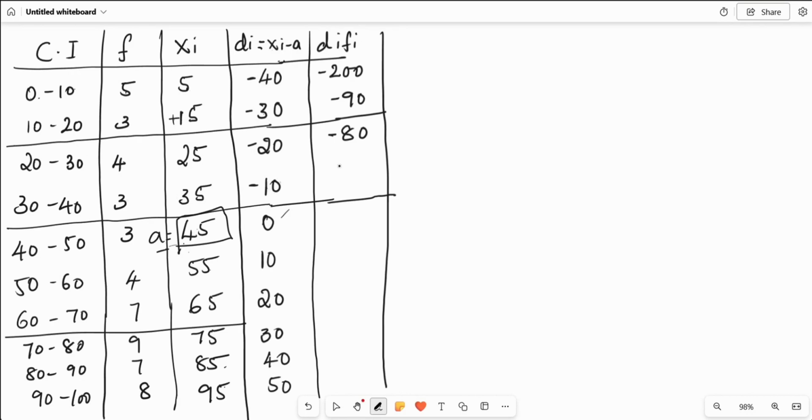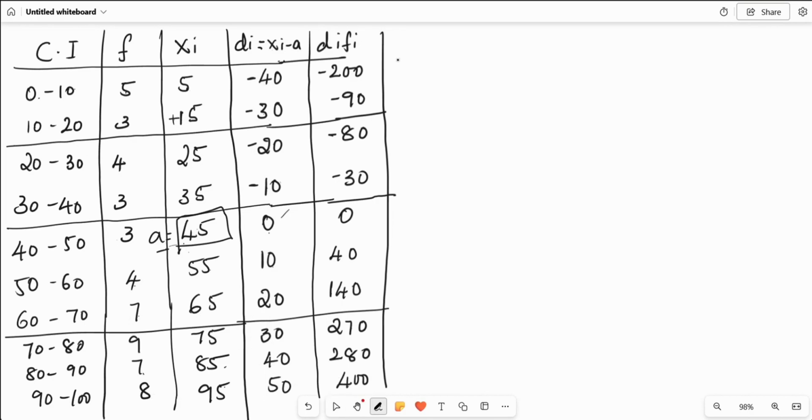Minus 10 into 3, minus 30. 0 into 3, 0. 10 into 4, 40. 20 into 7, 7 2s are 14, so 140. No, 9 into 3, no? 270. 7 4s are 28, 280. 8 into 5.